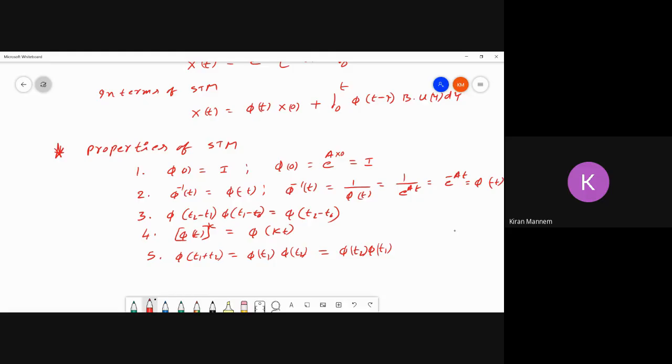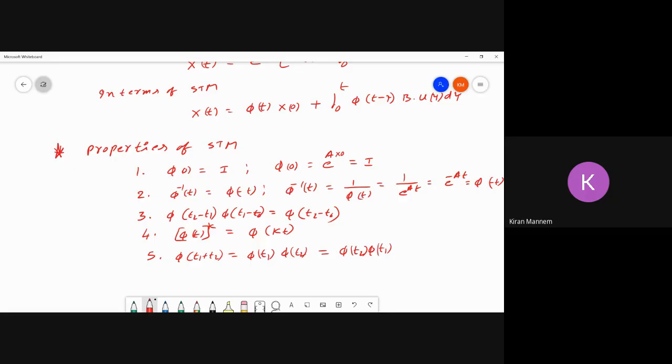So this is about the properties of the state transition matrix.